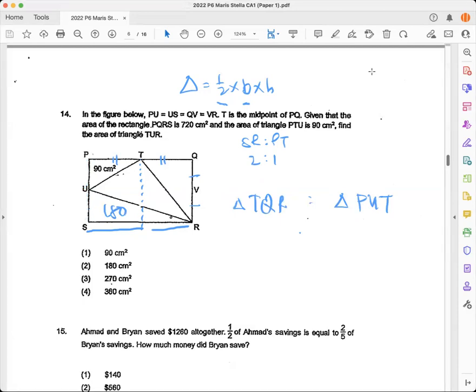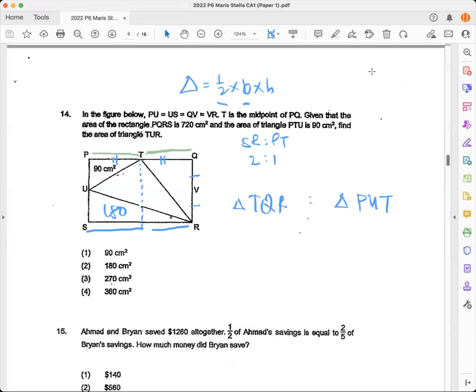Let me draw this. Let's call this the base of triangle PTU, and this is the base of triangle TQR. And they both have the same base.